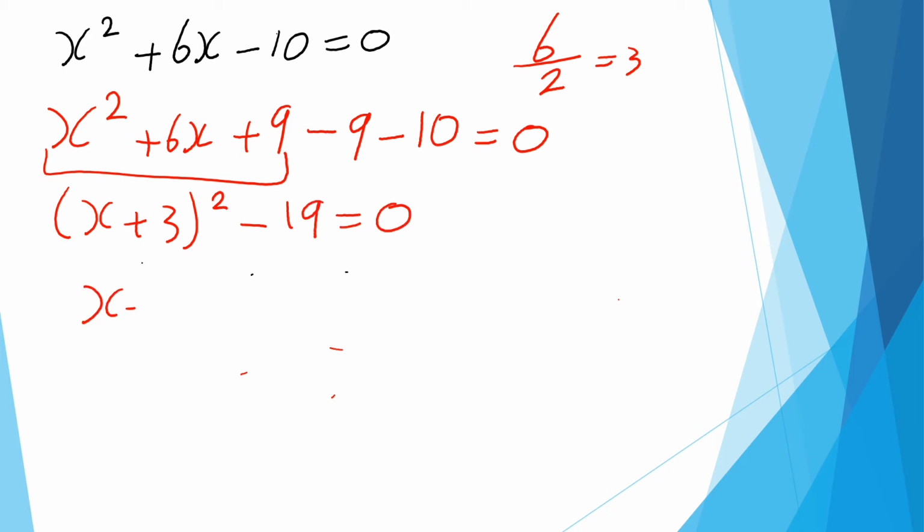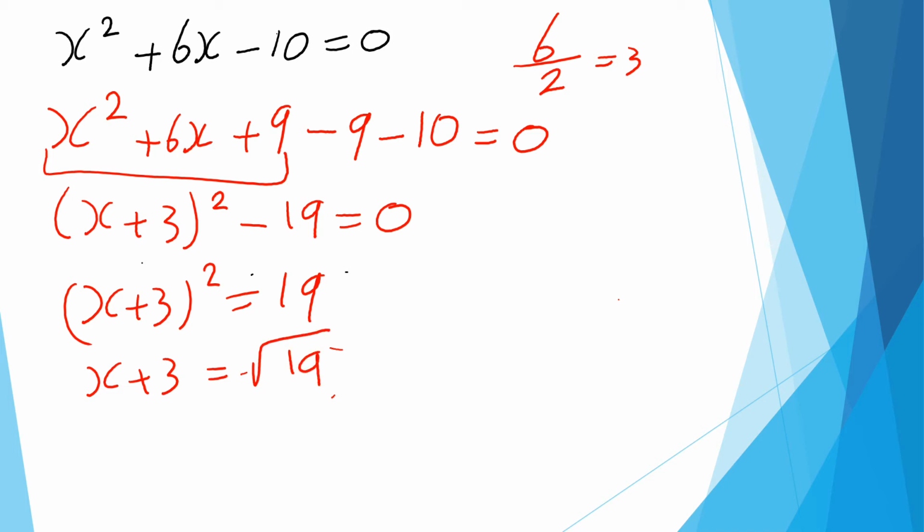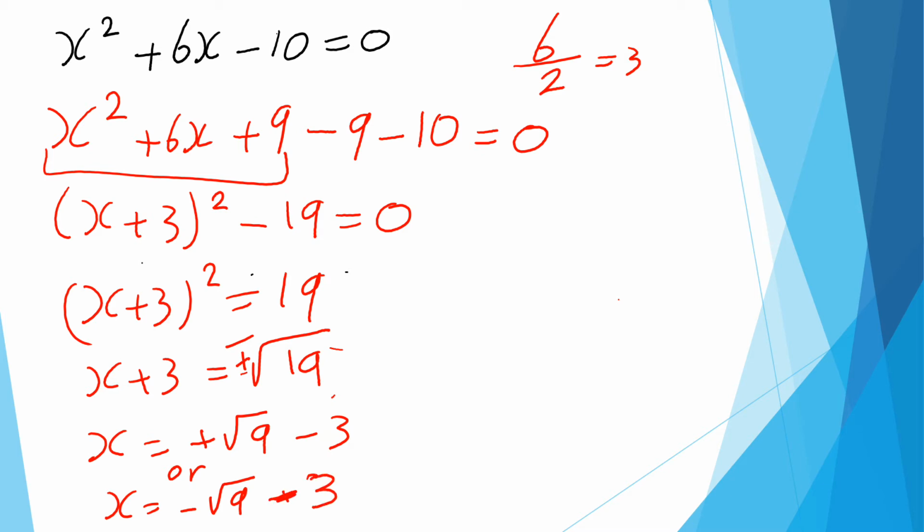Now to solve it, rearrange, square root, and then I've got x equals positive square root of 19 minus 3, or x equals negative square root of 19, minus 3. Those are the two solutions. You can find the decimal value for that.